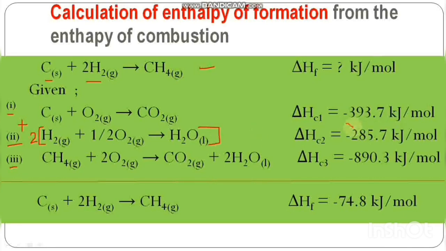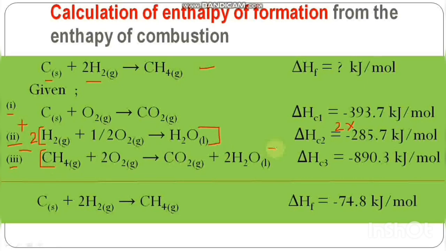The third equation is subtracted because in the required equation methane is on the product side, so enthalpy of combustion delta HC3 also changes to plus 890.3 kilojoule per mole.